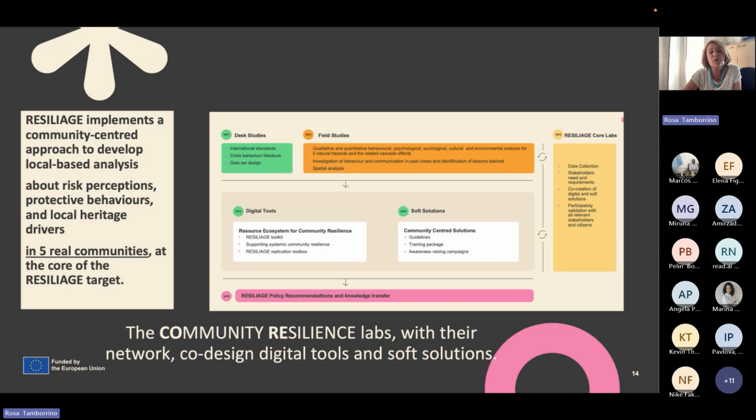For this purpose, we focus on different kinds of activities, from studies to field studies, creating digital tools, soft solutions, and focusing on policies and recommendations, but working always across these activities, as you can see here, maybe not exactly. Now, no, it's not possible to do.